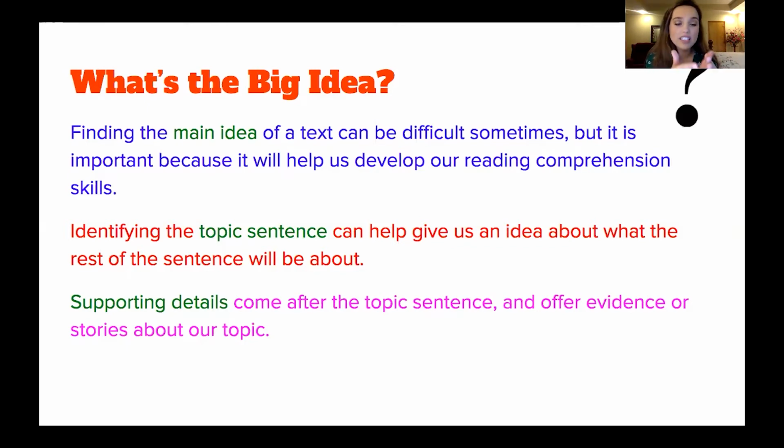And the supporting details come after the topic sentence, and they just offer evidence, stories, or anything kind of like that about our topic. They really just make the text a little bit more interesting and give some more details so that we're not confused, helps us just to understand.